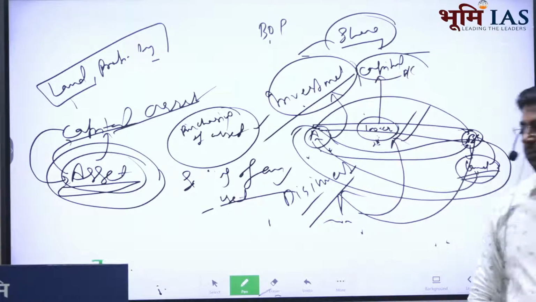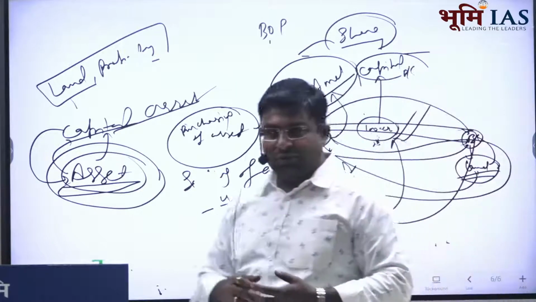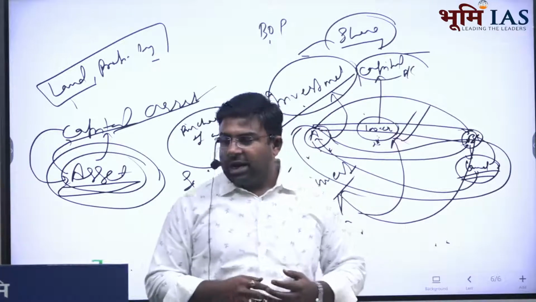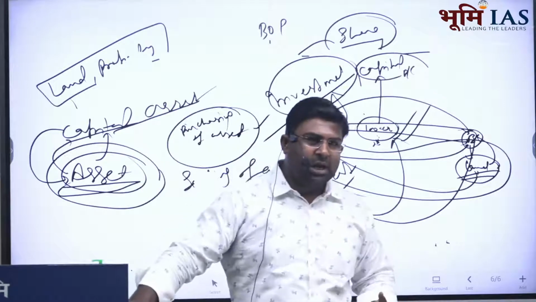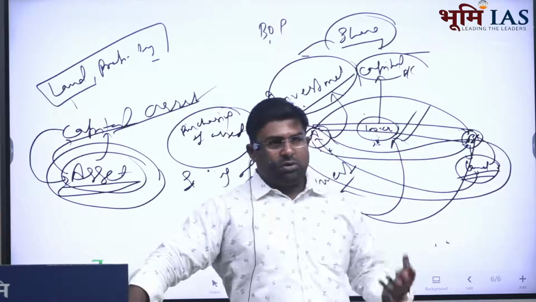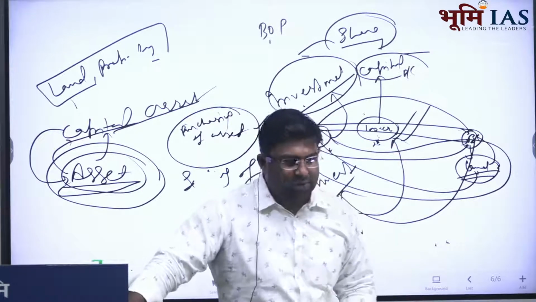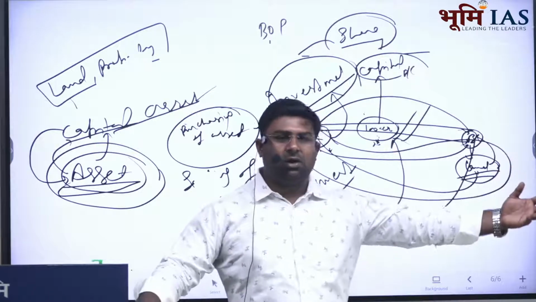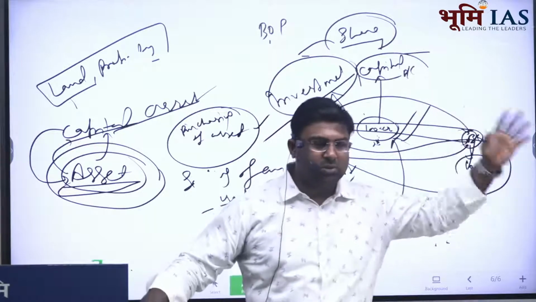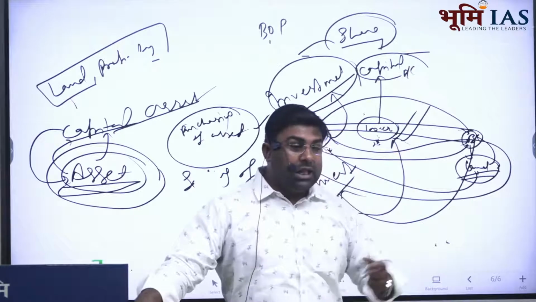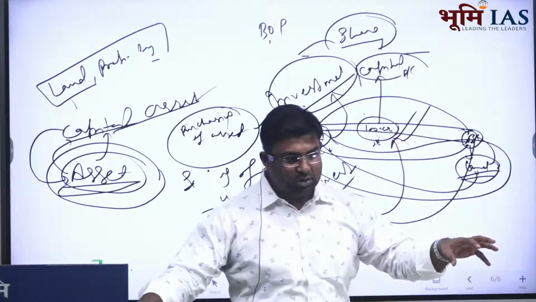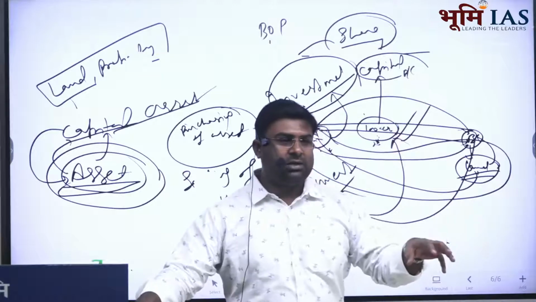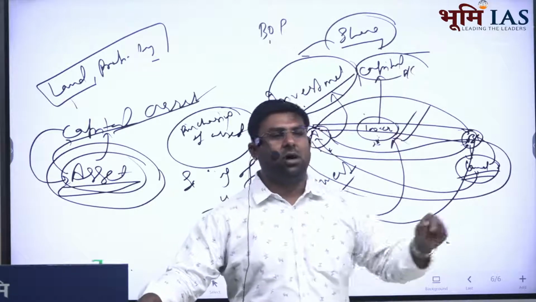So if an example is cited in front of you that an individual of Australia, a resident of Australia, is getting $20 billion from a resident of, say, South Africa in the name of selling a particular share, would that particular transaction be placed under capital account or not?